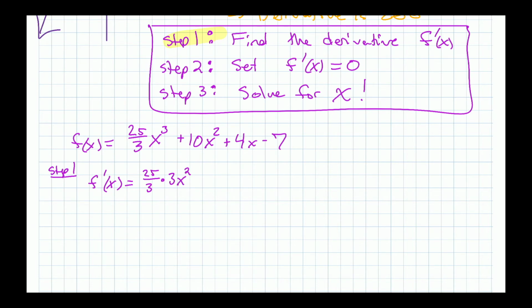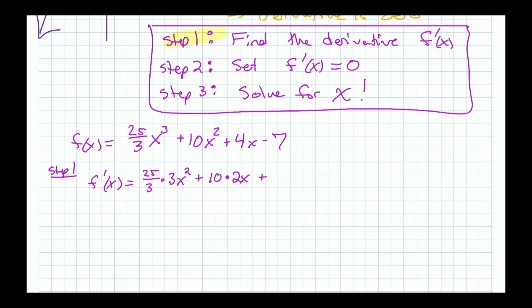By now you should be getting faster at that. You bring the power down in front and then subtract 1 from the power. All right, what about the next one? 10, and then what's the derivative of x squared? 2x. Right? You bring the power down, so you get 2x to the 1, but that's just 2x.